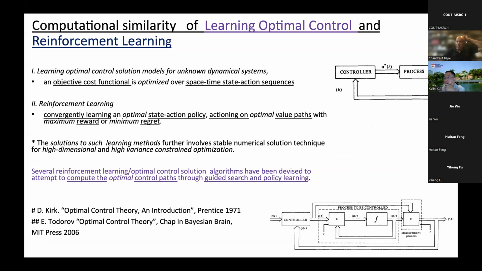Now, there's a big connection, of course, which was well known even back in '71 in David Kirk's wonderful book on optimal control theory, of how you learn optimal control, and it's similar to reinforcement learning. So Todorov, of course, from the University of Washington, has written much about this, as has several other people.